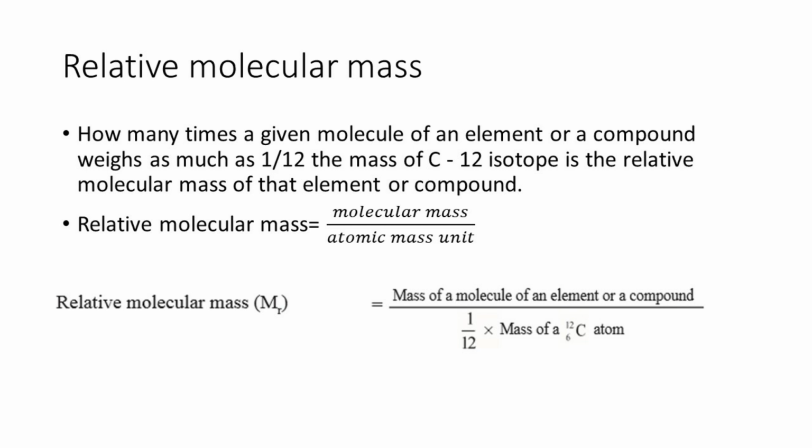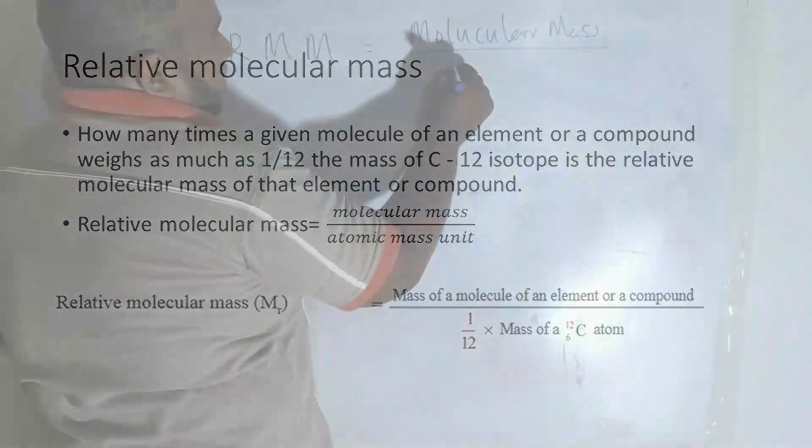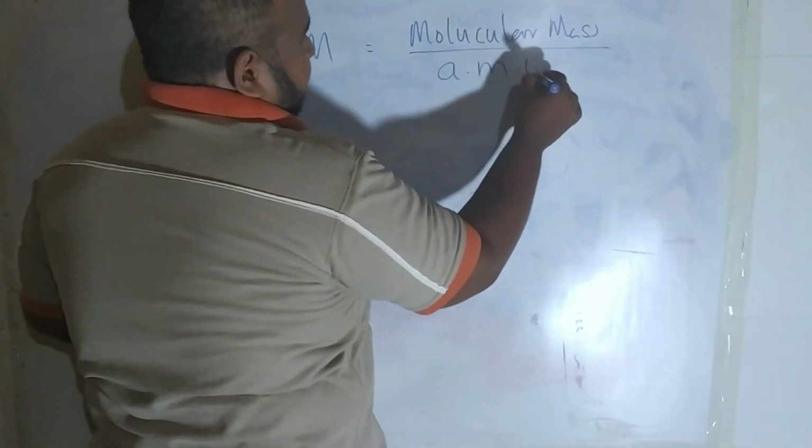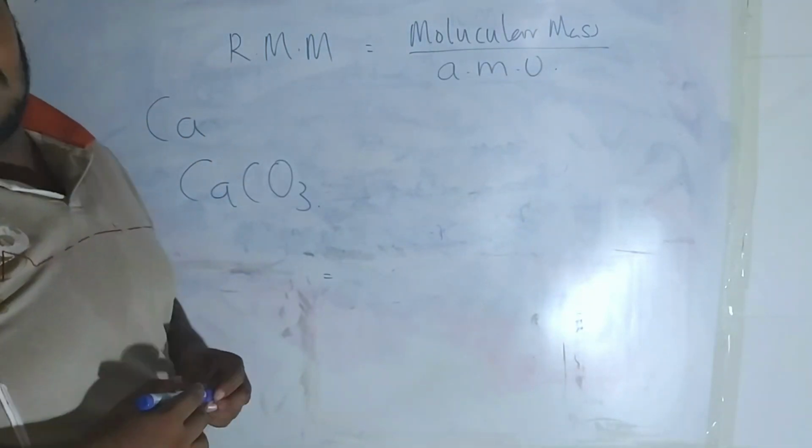For example, calcium is an atom, but if you think of calcium carbonate, it is a molecule. So the mass of this molecule divided by the atomic mass unit, that is relative molecular mass.